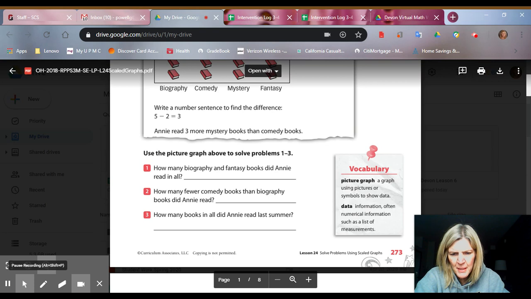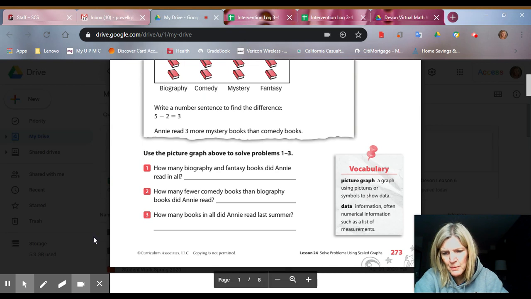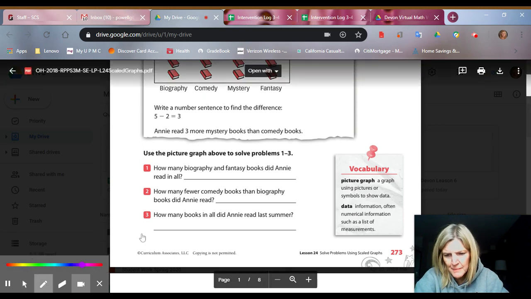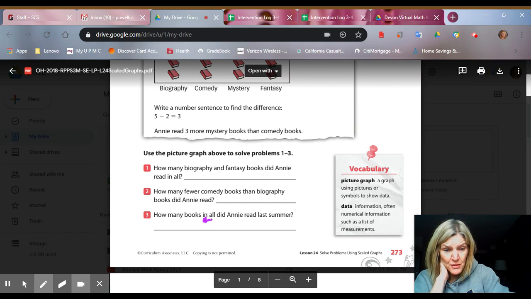Finally, number 3, how many books in all did Annie read last summer? Clue words are in all. How many books in all did she read last summer? It means you're going to add, so you need to add them all up. So back up to the chart.